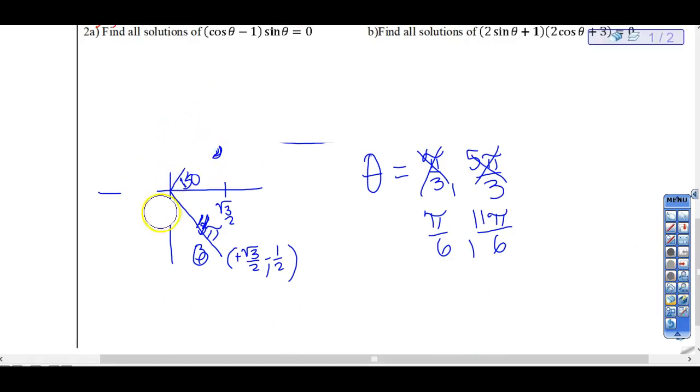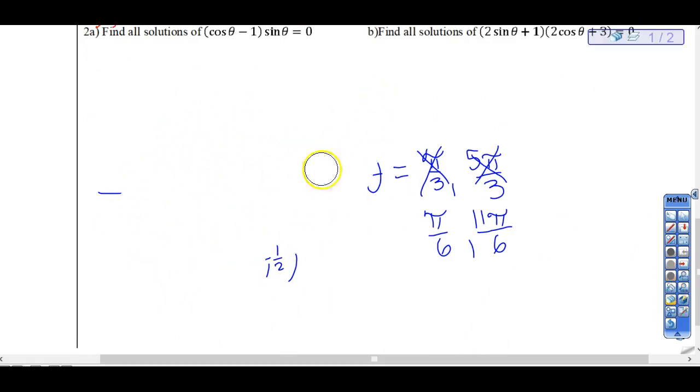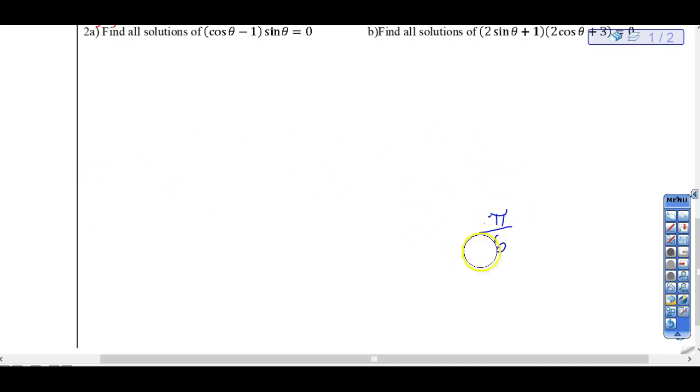All right, so here we have question number 2A. Find all the solutions of cosine of theta minus 1 times sine of theta equals 0. Okay, so what strategy would I employ here? Well, when I look at this problem, I see that cosine is to the first power, sine is to the first power, and they're separated from each other, and they both equal 0.